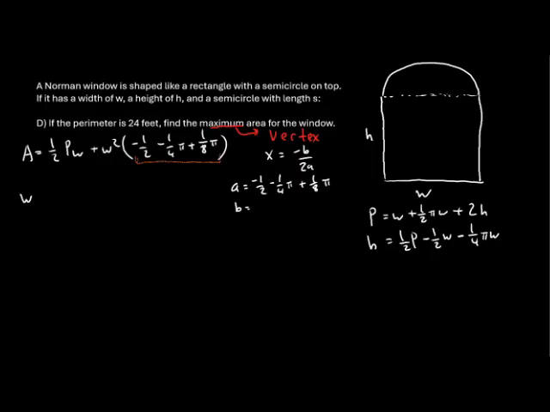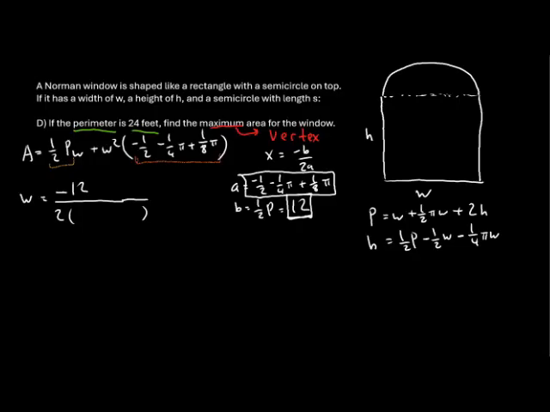Our b is slightly more straightforward. That is the number that's next to w. That's 1/2 of p. We can see that our perimeter is given to us as 24 feet. Therefore, we'll say that b is 1/2 of 24, or 12. Therefore, we can say our w will be negative b, that's negative 12, divided by 2 times a. That will be 2 times everything inside of this parentheses, negative 1/2 minus 1/4 pi plus 1/8 pi.